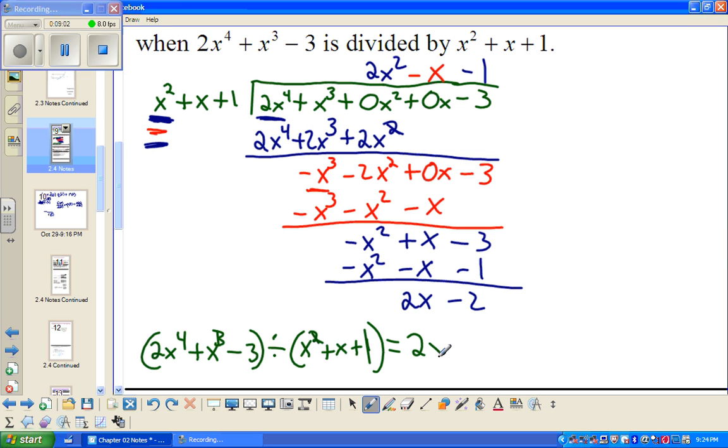2x squared minus x minus 1. And since the remainder was not 0, I have to add that remainder divided by what I've been dividing by the whole time, x squared plus x plus 1.